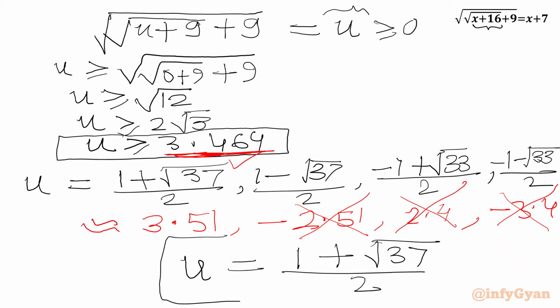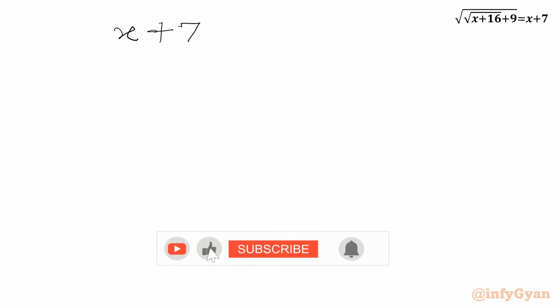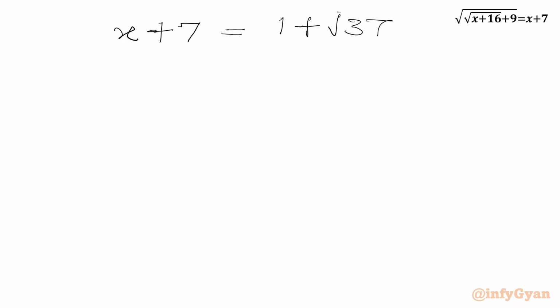Now we have to find the value of x. So u was our substitution, x plus 7. So we will write x plus 7 equal to 1 plus square root 37 over 2.